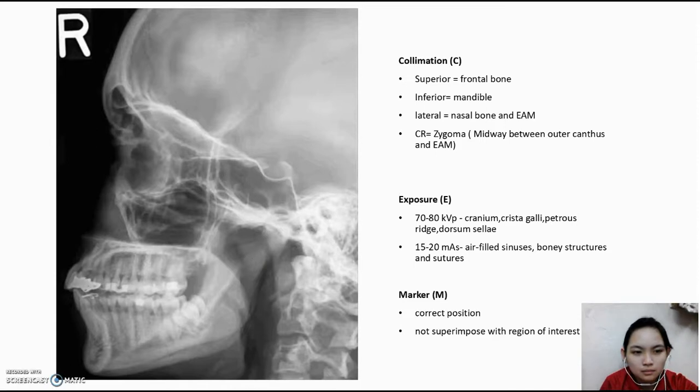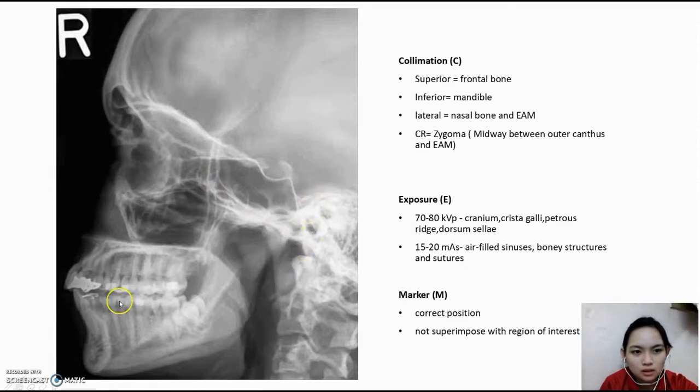For the collimation, the superior border must include the frontal bone, the inferior must include the mandible, lateral is the nasal bone and the EAM. The CR is at the zygoma, midway between the outer canthus and the EAM.